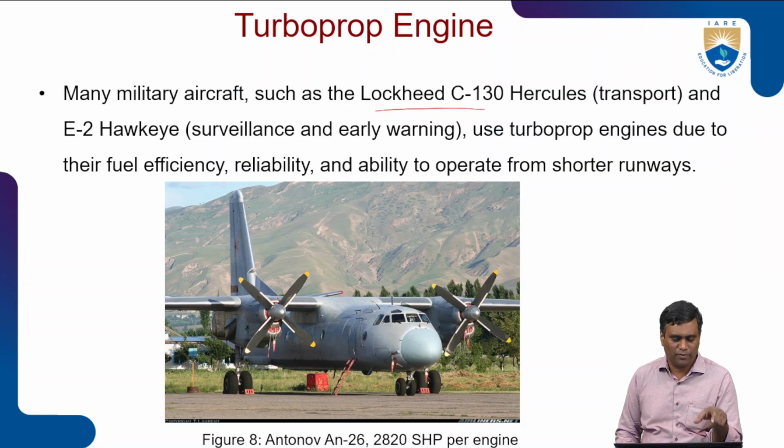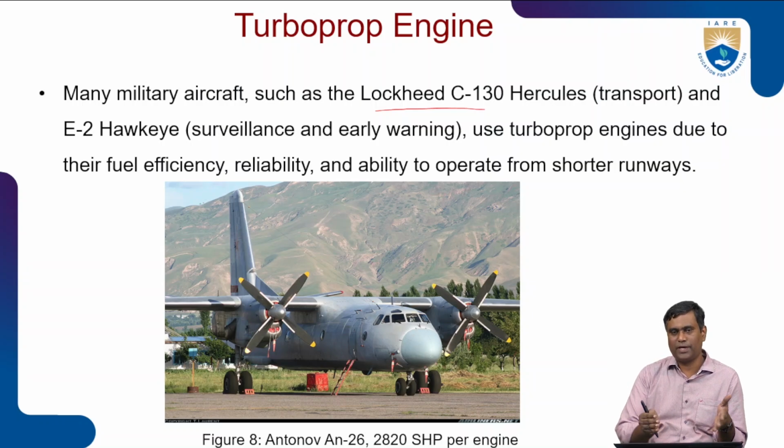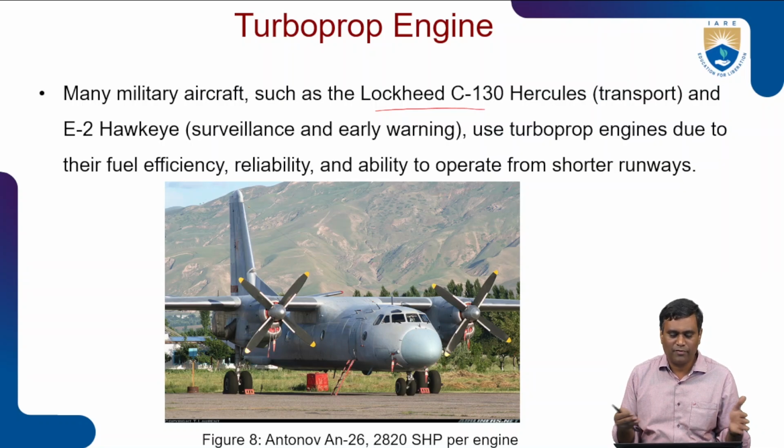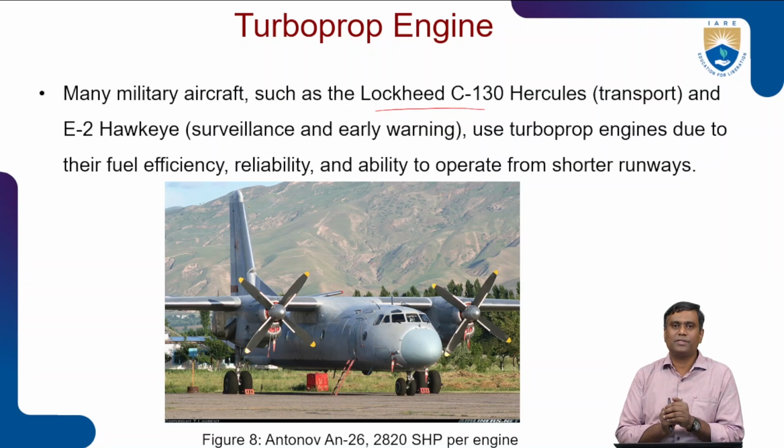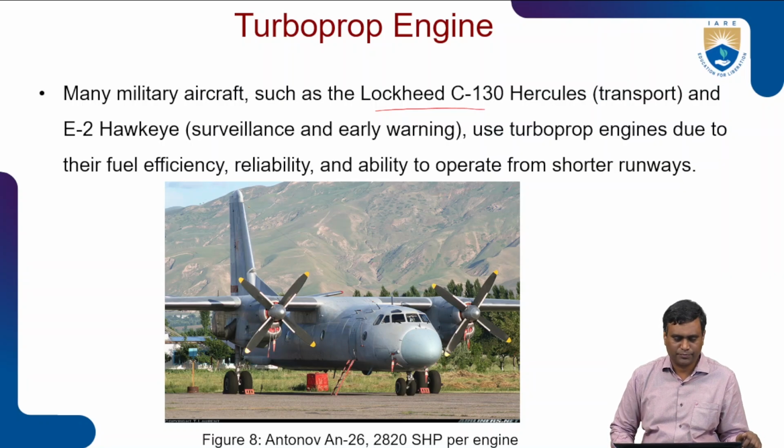Now even high speed unmanned air vehicles are being used for surveillance and early warning, but in this case, especially turboprop is being used for surveillance and early warning systems, as well as transportation, because they are efficient in low speed and low altitude operations.